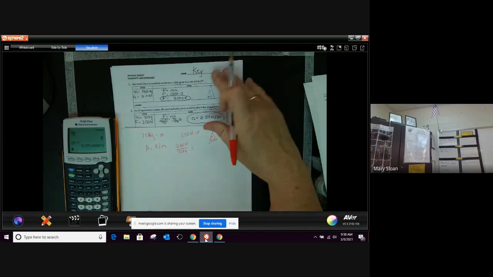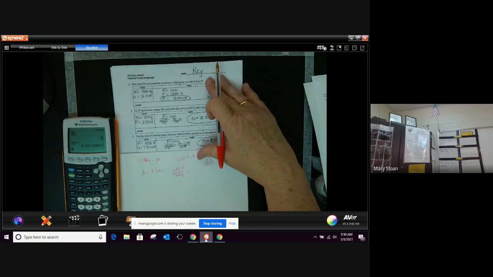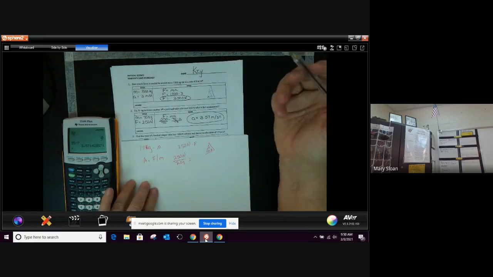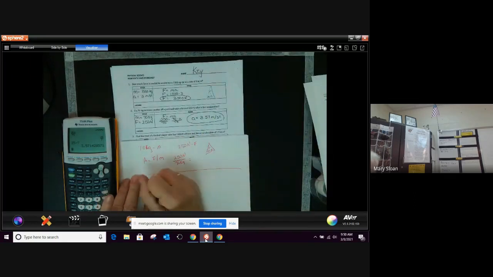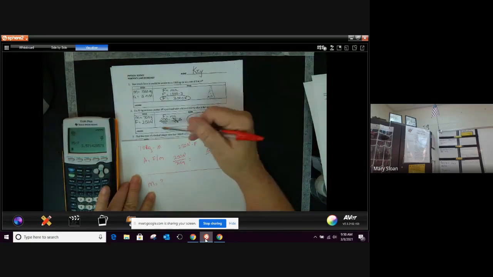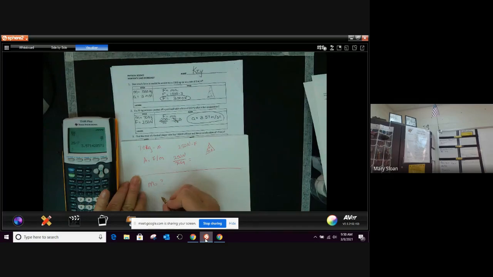So let's look at number 3. Number 3 says, find the mass of a football player. So we're looking for mass. That's my question mark. It says the football player has a force of 1,250 newtons and acceleration of 1.5 meters per second squared.